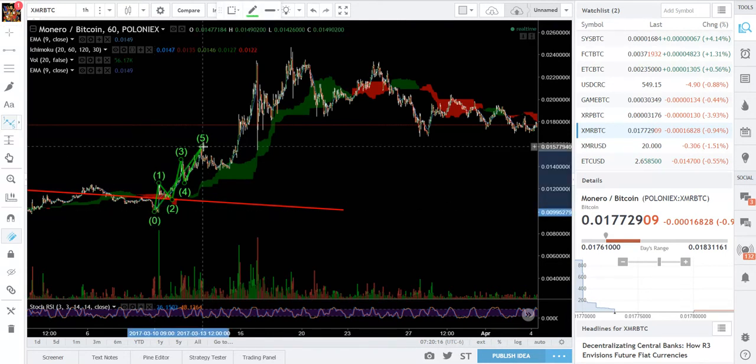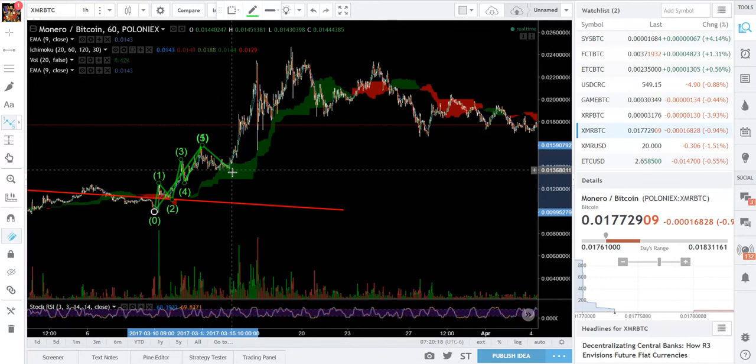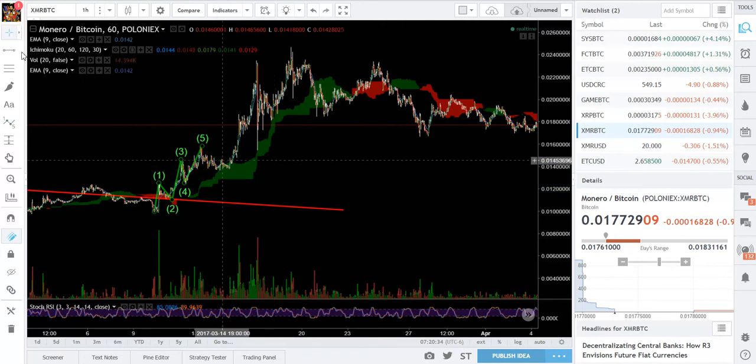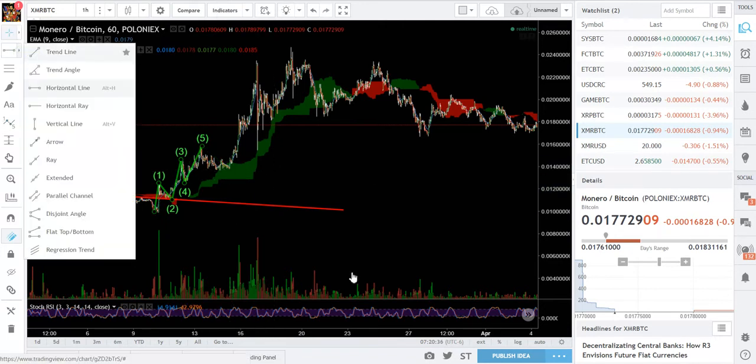This is basically all just a 1 and a 2, except this 2 wave was flat. It was only a 38% retracement, and when you have a 38% retracement wave, it usually leads into a flag or a pennant, like a very shallow retrace. That's all a flag or a pennant is when you see it in the market.